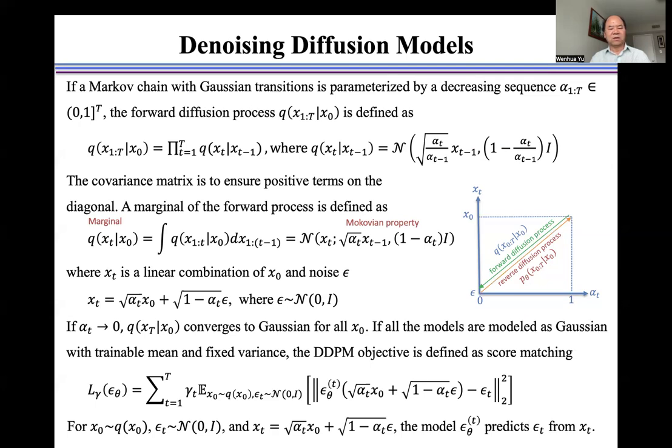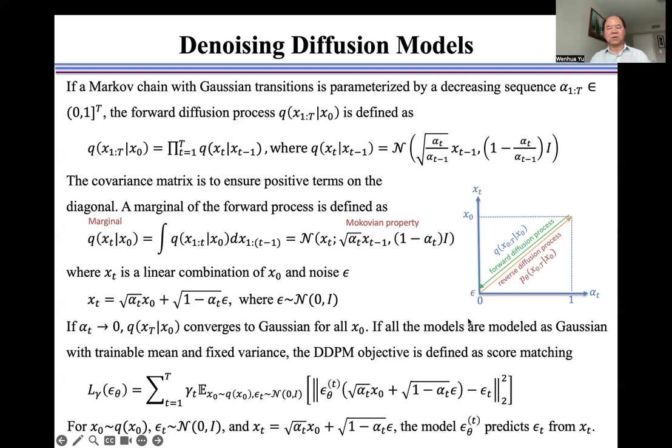A marginal of the forward process is defined as here, where xt is a linear combination of x0 and noise epsilon as shown here. If alpha T tends to 0, Q converges to Gaussian for all x0 as shown here.